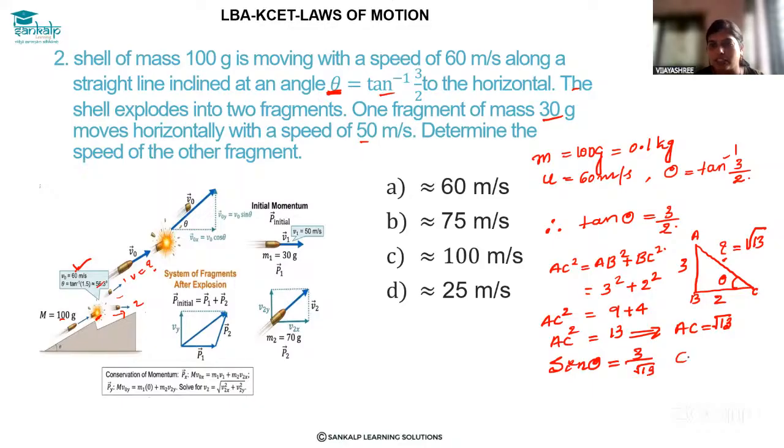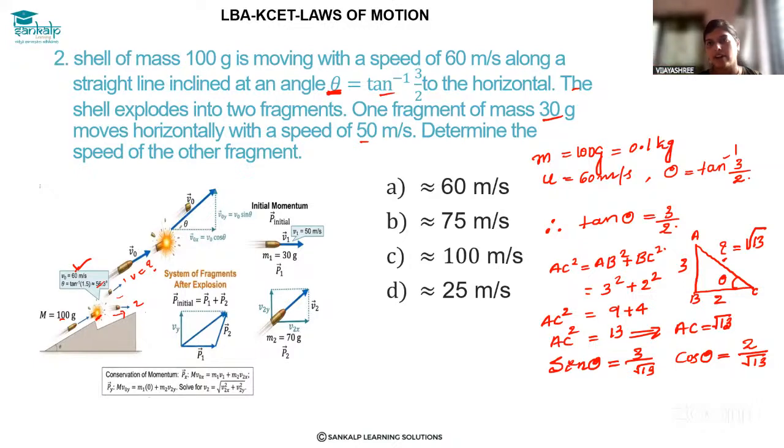Then cos theta is equal to adjacent side divided by hypotenuse, which is equal to 2 by root 13. So we have determined the trigonometric ratios.